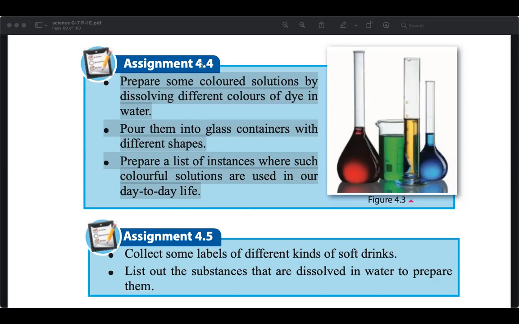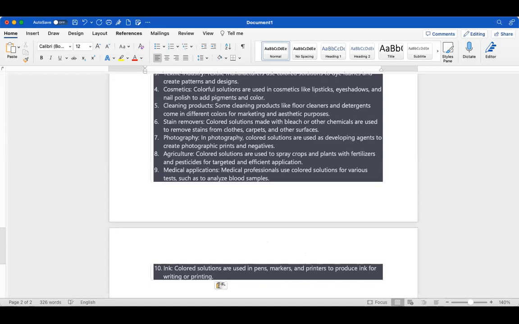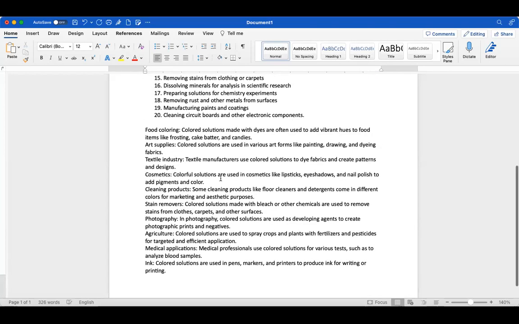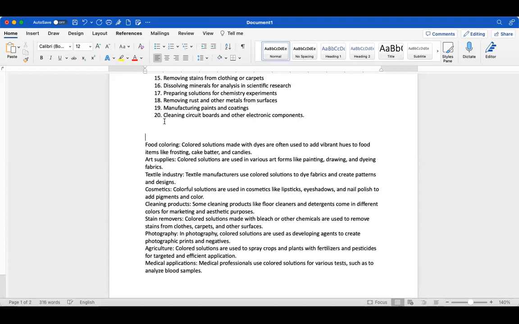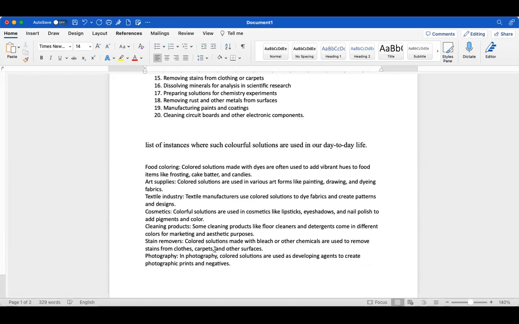Okay, so let's write down the usages now. That is our task, number 4.4. The question is: list of instances where the colorful decorations can be used in day-to-day life.